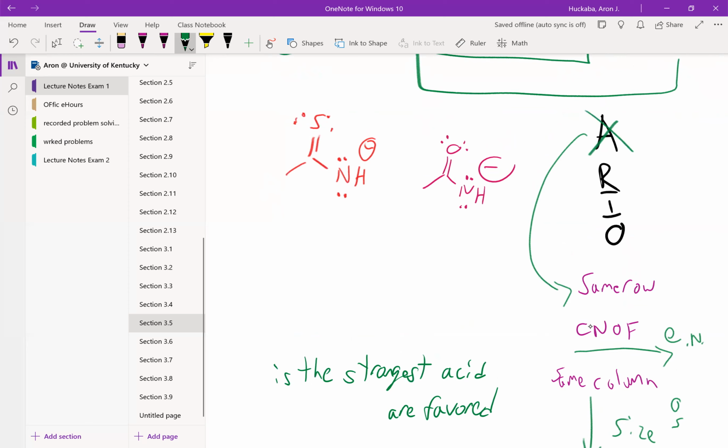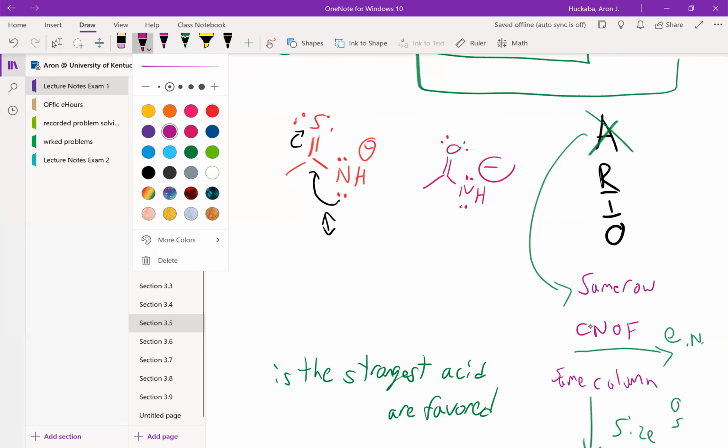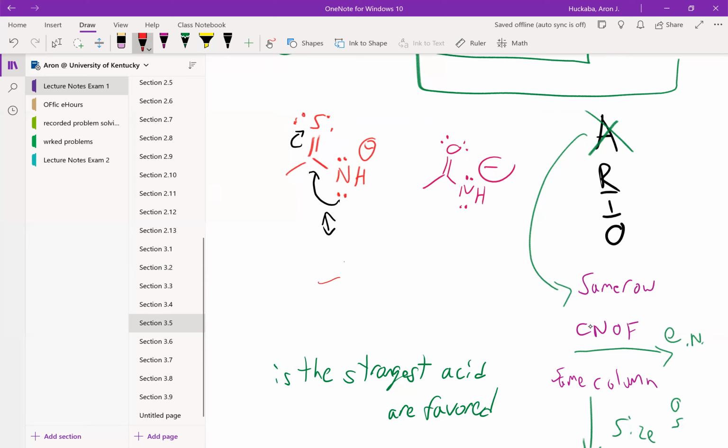What about R? Do we use R? Well, you can make a resonance structure here to give you this molecule. There we are.